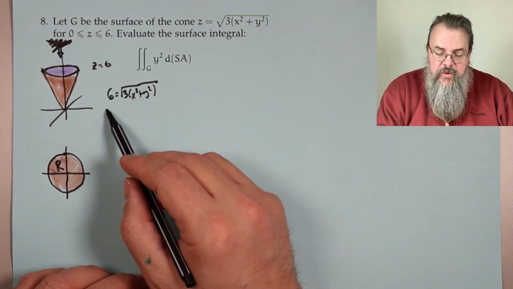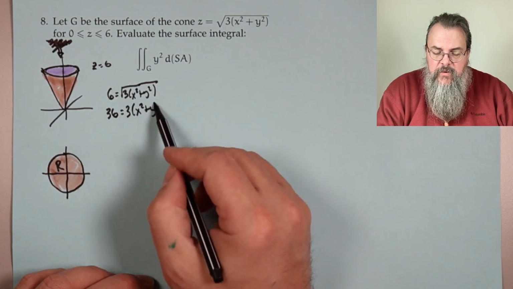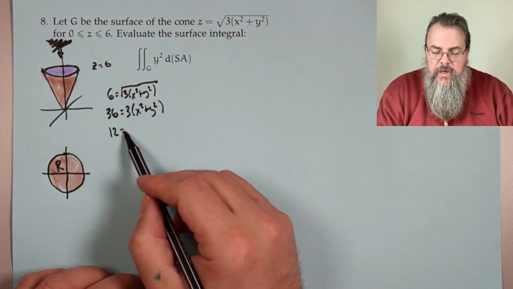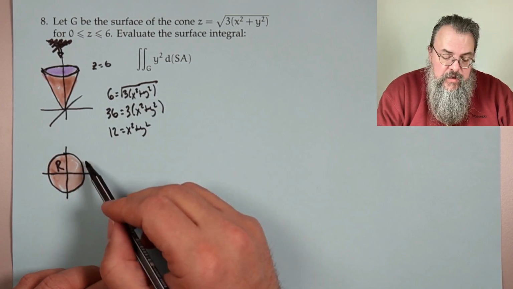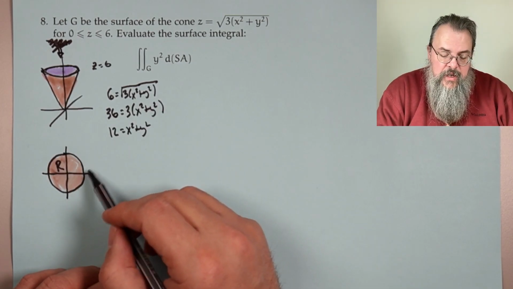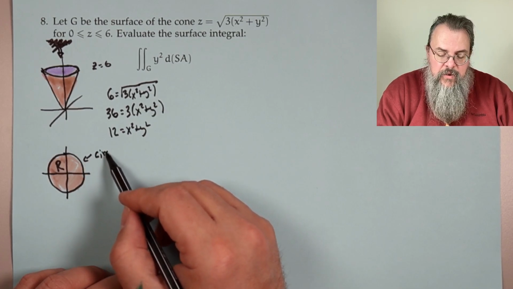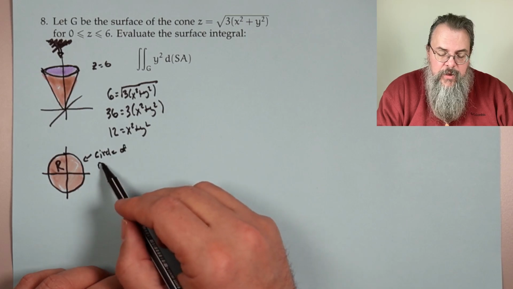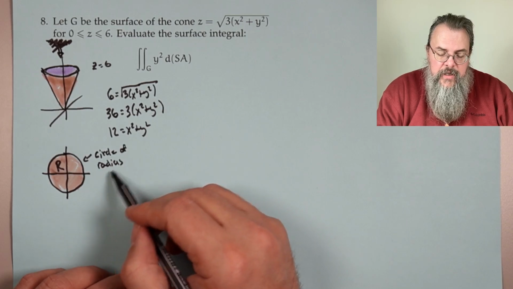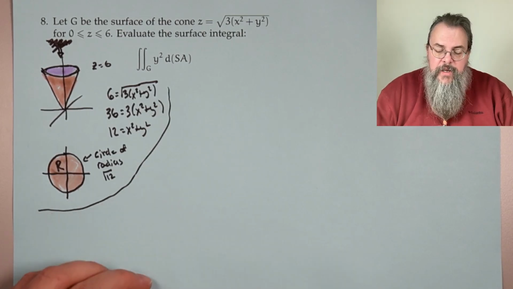Or you can square both sides: 36 equals 3 times x squared plus y squared, or 12 equals x squared plus y squared. So this is going to be a circle, that's your r squared, a circle of radius square root of 12. All right, well, that's fine. No worries. It is what it is.